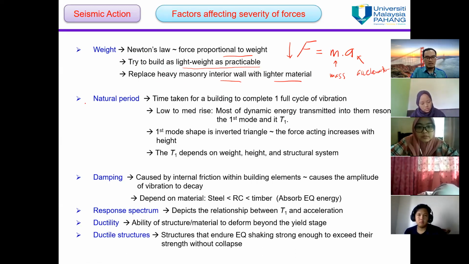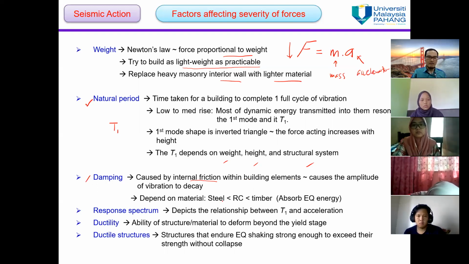The second one is the natural period of the building. As you can remember from our last lesson about the design response spectrum, we need the fundamental period of the building, which is T1. T1 depends on the weight, height, and the structural system. The third factor is damping, where damping caused by internal friction within building elements causes the amplitude of vibration to decay.